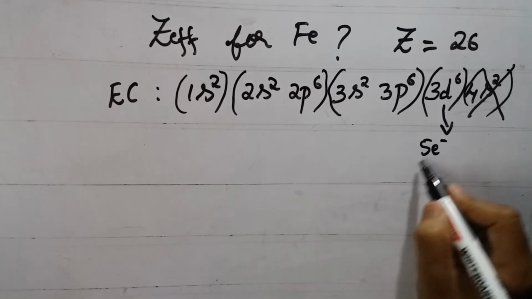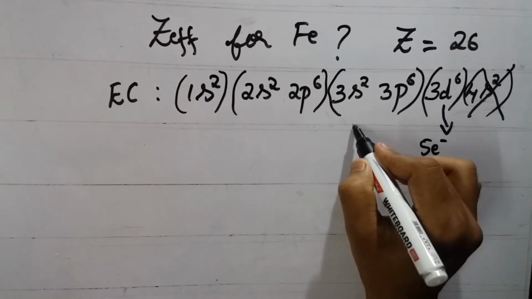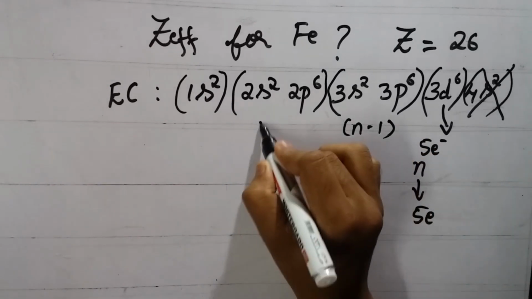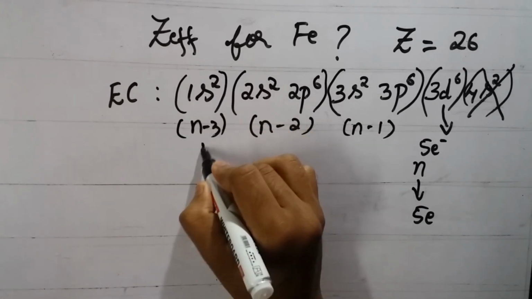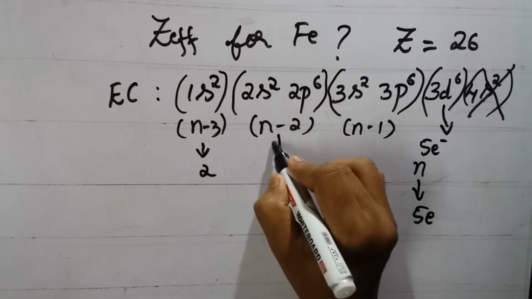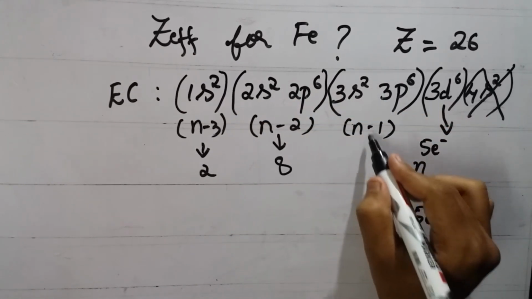Therefore, this is the n shell which contains 5 electrons. This is the n minus 1, n minus 2 and n minus 3. This contains 2 electrons. This contains 6 plus 2, 8. This contains 6 plus 2, 8.